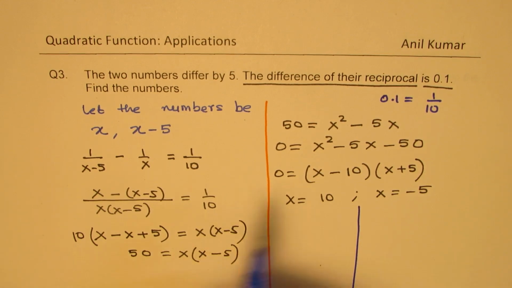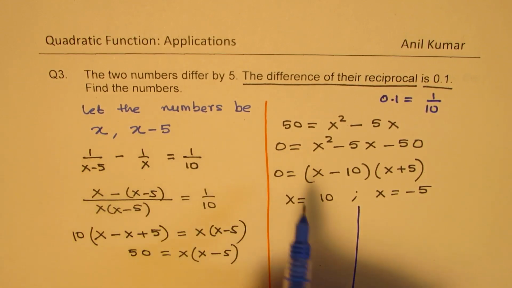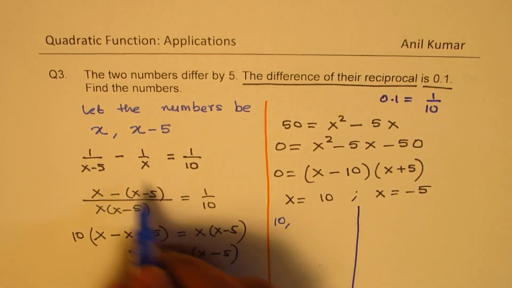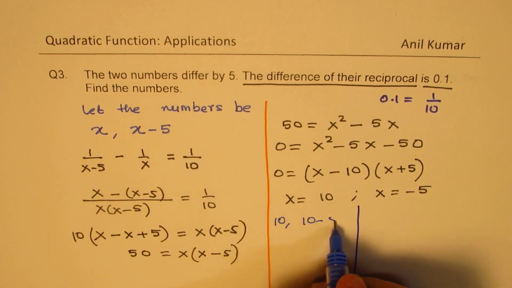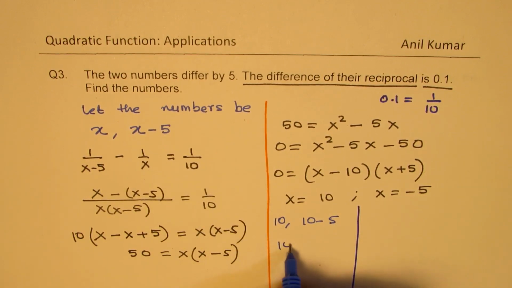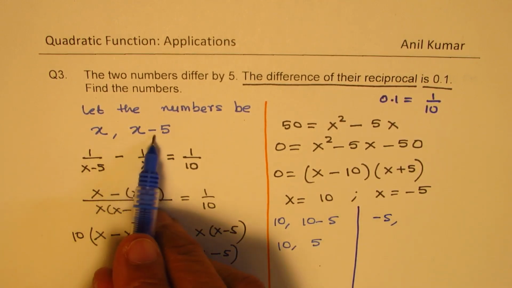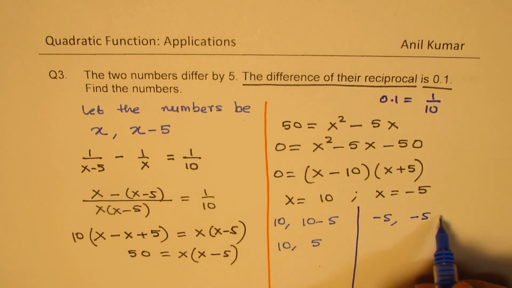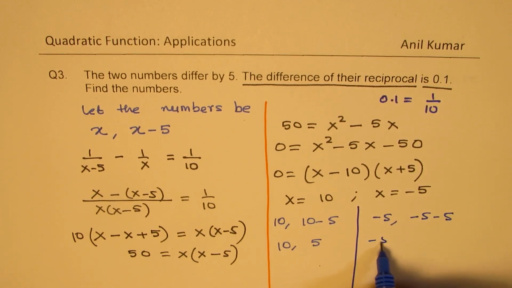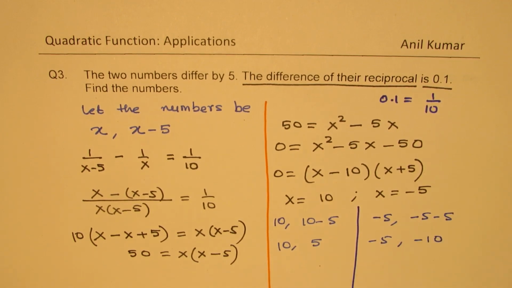If x equals 10, the other number is 10 minus 5. So we get the numbers as 10 and 5. On this side, if I take x as minus 5, the other number will be minus 5 minus 5. So we get minus 5 and minus 10.